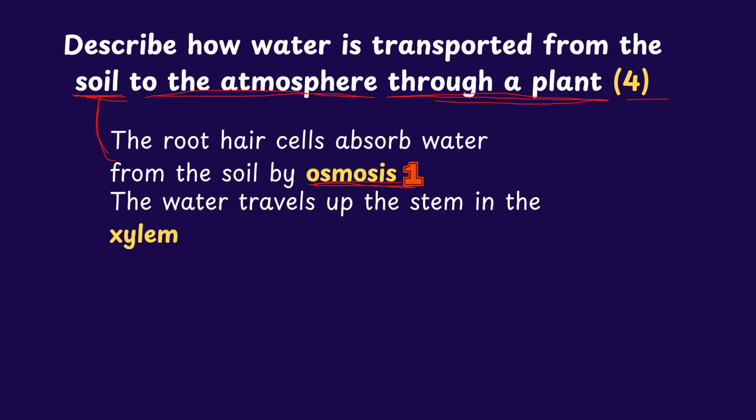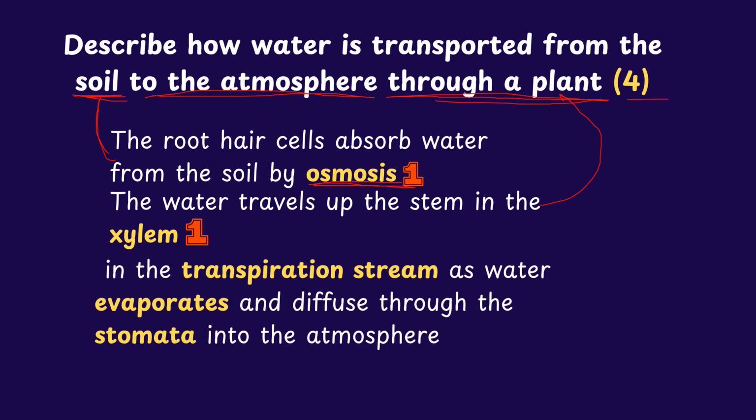Next point. The water travels up the stem in the xylem. So they wanted to know how the water moves through the plant, right? So we can say that this point is valued 1 mark, and this point matches with this part. Good. And then lastly, we need to speak now about how the water gets to the atmosphere. All right, so let's read point number 2 again.